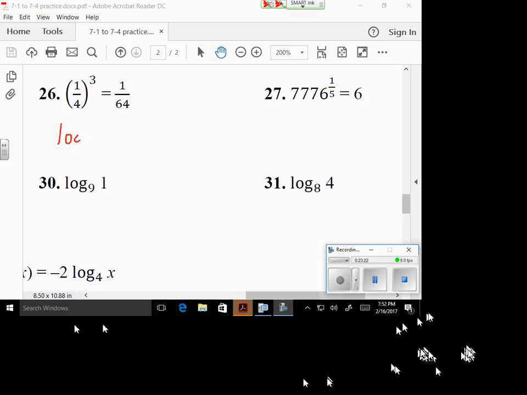Log base 1/4 of 1/64th should be equal to 3. And log base 776 of 6 would be equal to 1/5.